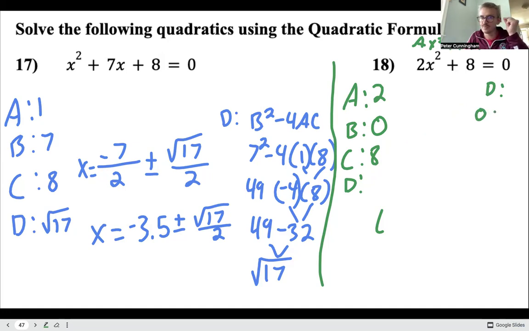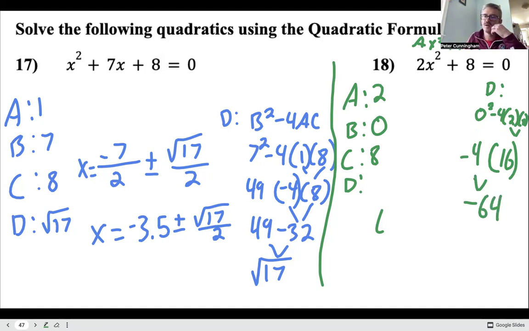B squared, so 0 squared minus 4 times 2 times 8. That's an 8, by the way. Okay, so 2 times 8, 16. 16 times negative 4, negative 64.